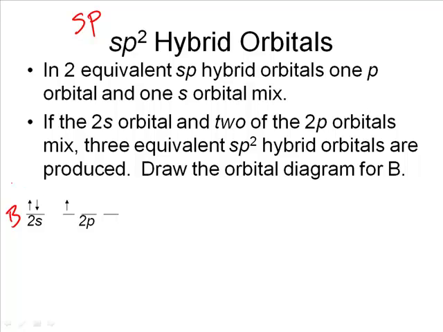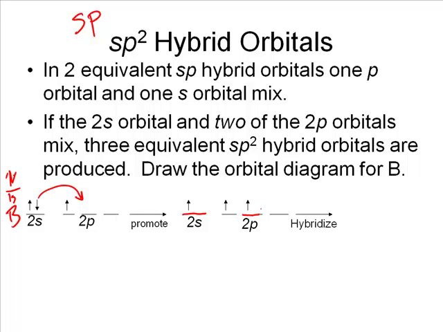Boron would be, and they didn't put the 1s in there, 1s2, 2s2, 2p1. Same thing, boron often forms three bonds. Here it looks like it only is going to form one. So this electron again is going to get promoted up to the 2p level. And so then we end up having 2s1, 2p2.